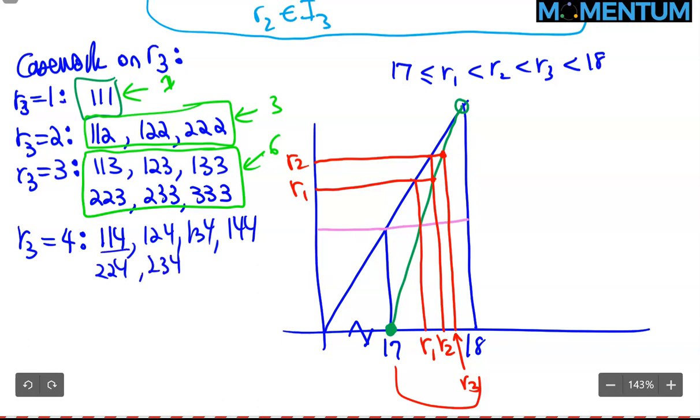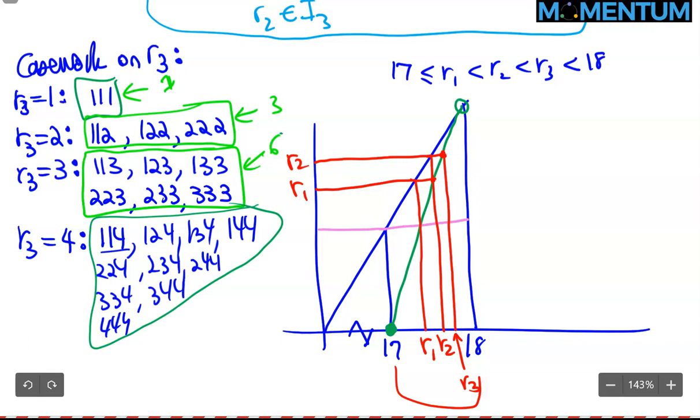When I write those three numbers, the first one is R1, the second is the interval where R2 belongs, and then the third. Okay, 2, 4, 4, 3, 3, 4, 3, 4, 4, or 4, 4, 4. Yes, so 6 there, and then here it is 10.